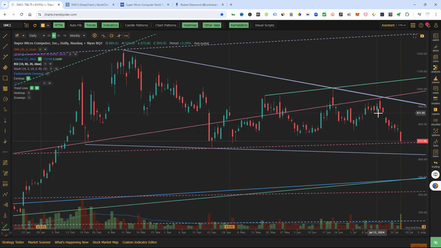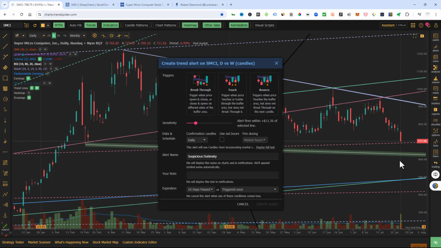I digress. So what I would like to see here is, yes, this weekly support level hold, but first I would like to see capitulation all the way down to here. And if we hit it, then it goes on deep watch, meaning I'm going to be stalking this thing, because if we're able to hold and rally off of it, I will send out an alert to members that we will open up a position.